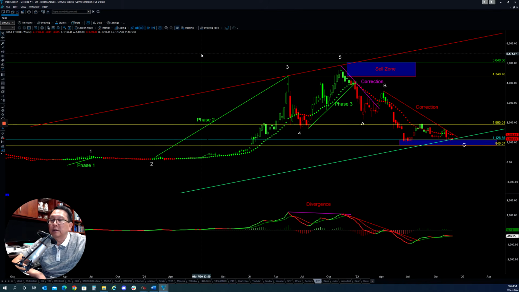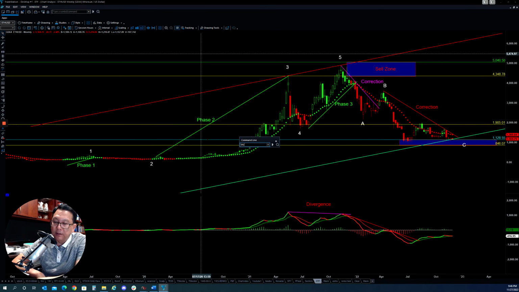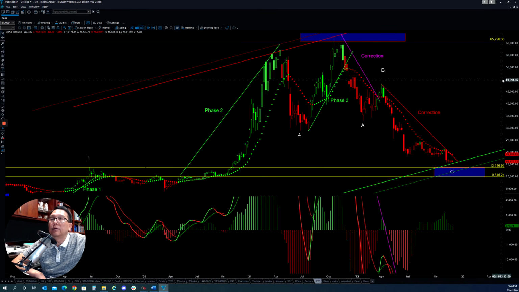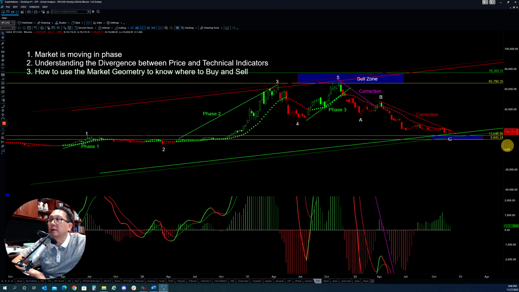So three simple techniques that you need to know. Number one, you have to understand that the market is moving in phases. Number two, you have to understand the divergence between the price and the technical indicator. And number three, how to use market geometry so that you can draw the lines, so you know where the level is that you're supposed to buy and where the level is that you're supposed to sell.